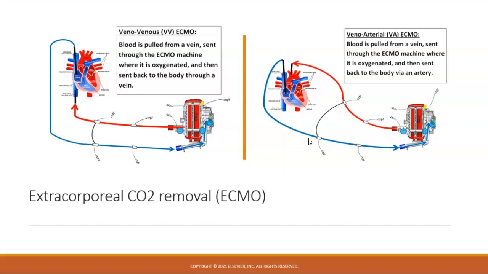But this is just an extreme measure to help with patients that have very, very, very non-compliant, problematic lungs. It's just an extreme measure of taking over that job completely with this ECMO machine at the bedside.